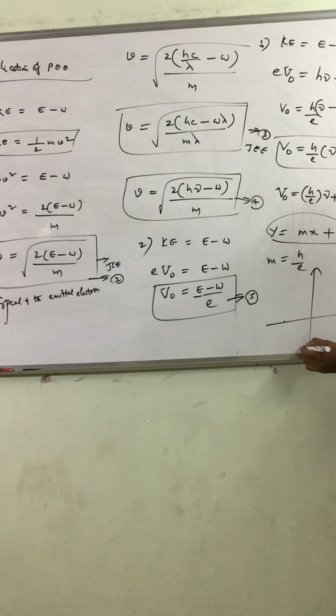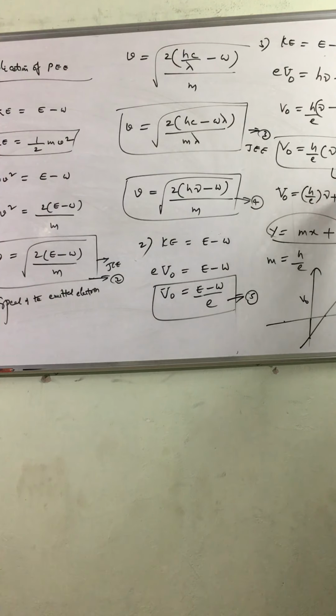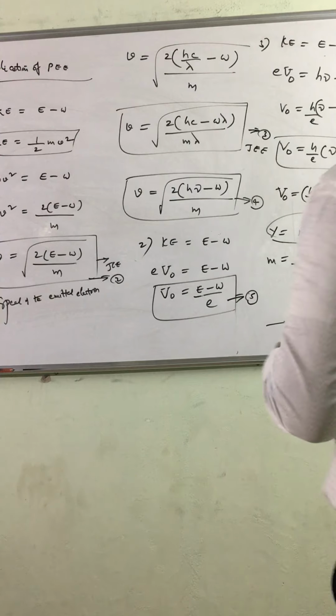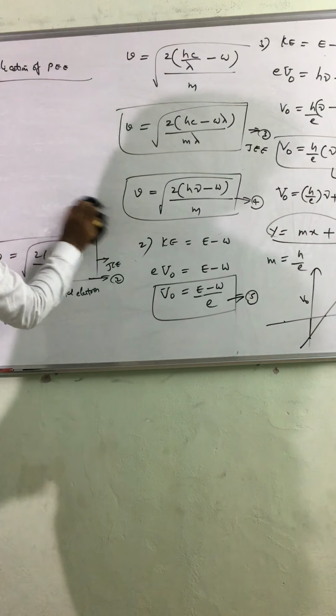Here this is stopping potential, this is frequency. This is equation number 6. By calculating stopping potential and threshold frequency in a different manner. Understand?